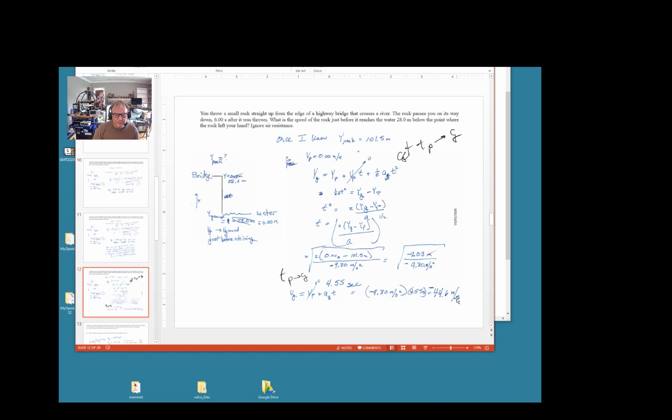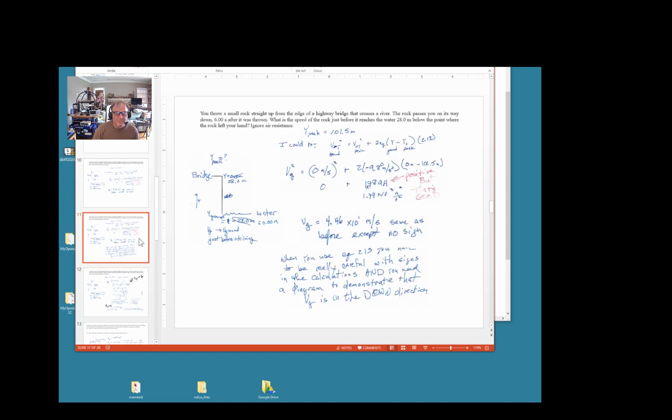And when I put it in there, I got negative 44.6, which is what I got before. In this case, it's in scientific notation. And of course, we must remember that if I say it's down, that's okay, but you might want to put this here just to be absolutely certain.